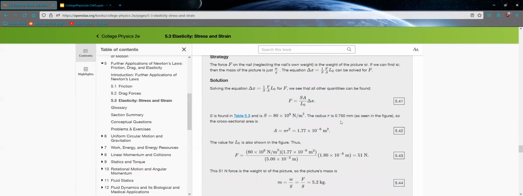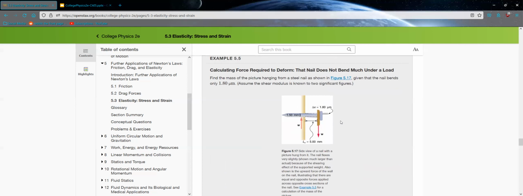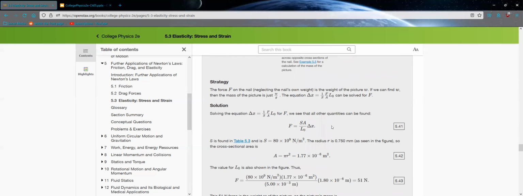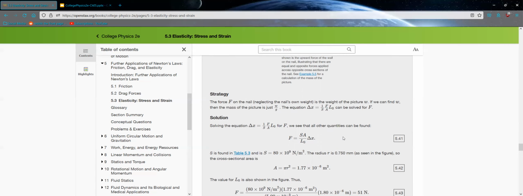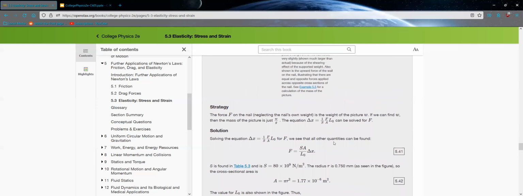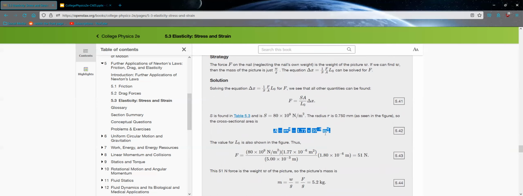Again, it's important to realize that the information I'm giving you is in different units, right? S is given to you in newtons per meter squared, but the area is given to you by radius in millimeters. So we have to tack on that 10 to the negative 6.